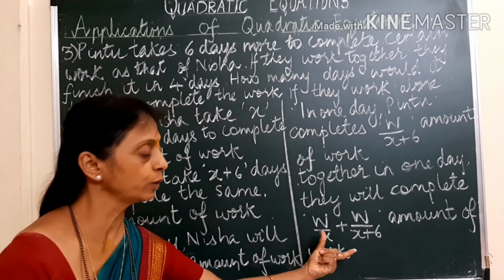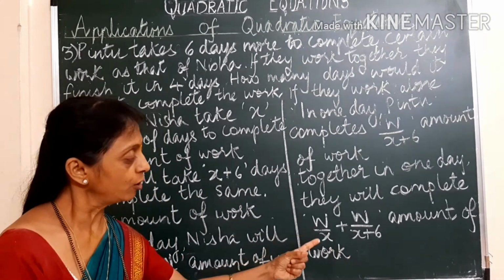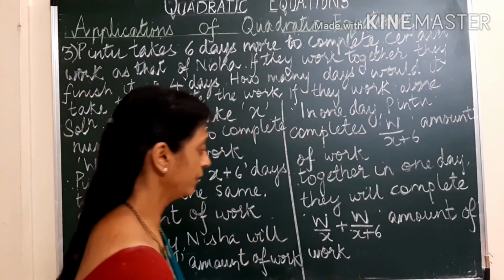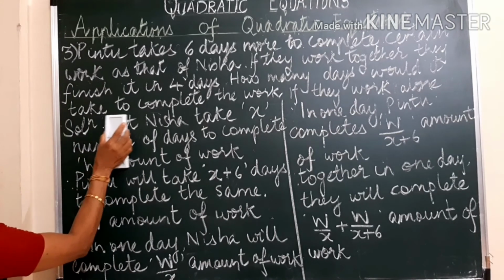So in 1 day together they are completing W upon x plus W upon x plus 6 amount of work.